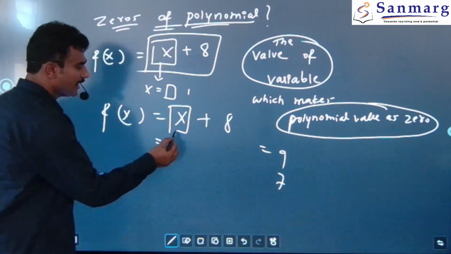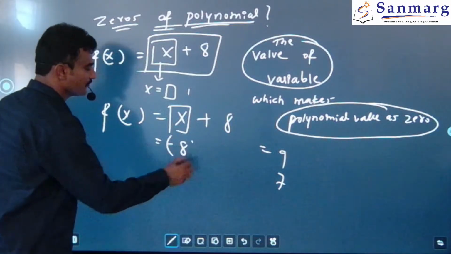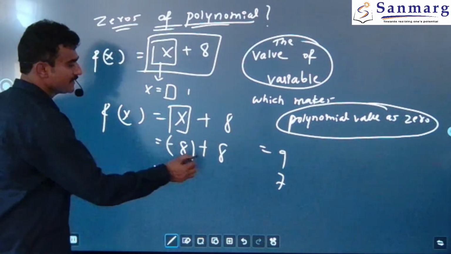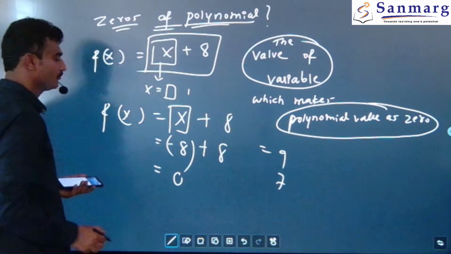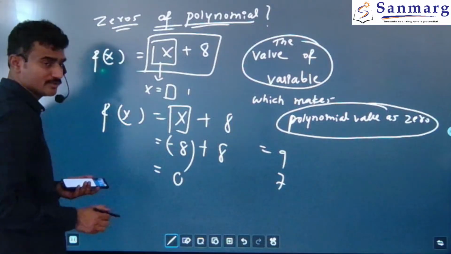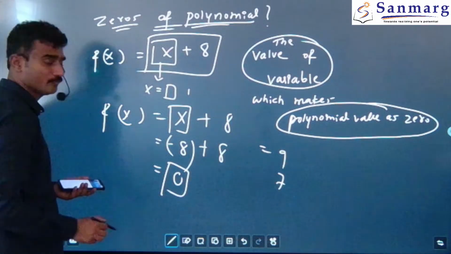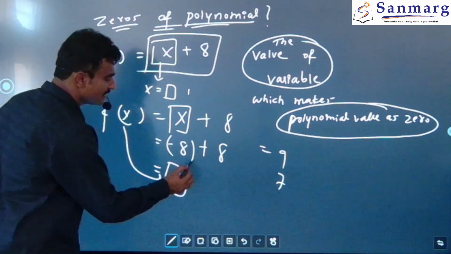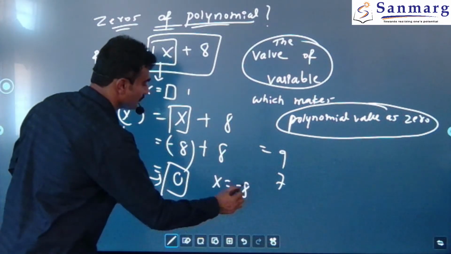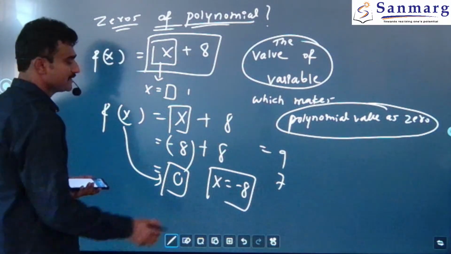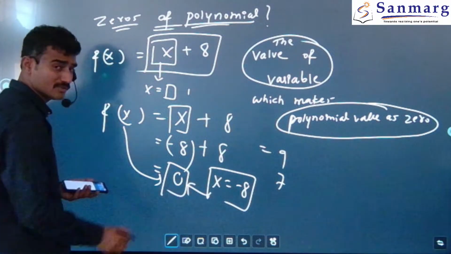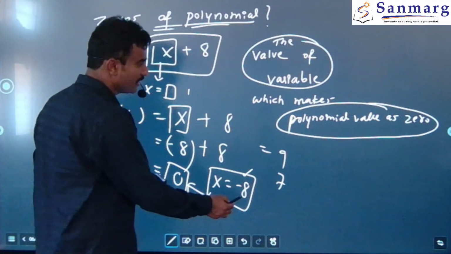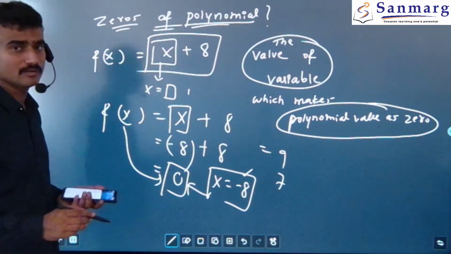Similarly, if I take x as minus 8, then minus 8 plus 8 will be 0. The value of the polynomial will be 0. So the value of the polynomial becomes 0 when x is equal to minus 8. So we call this a zero of the polynomial. Therefore minus 8 is the zero of the polynomial.